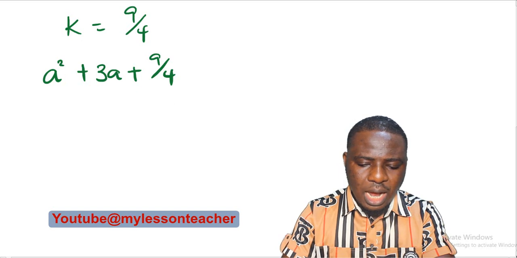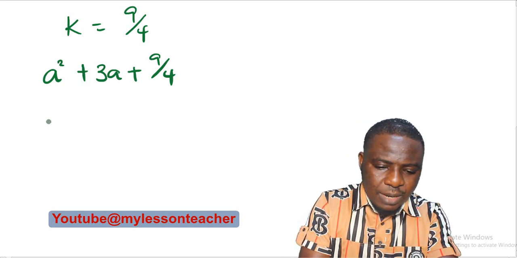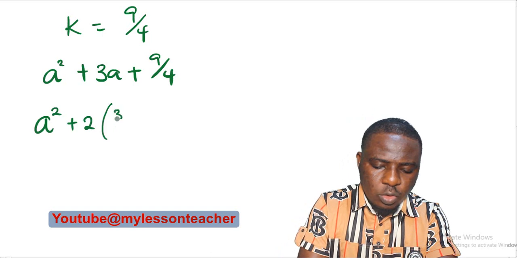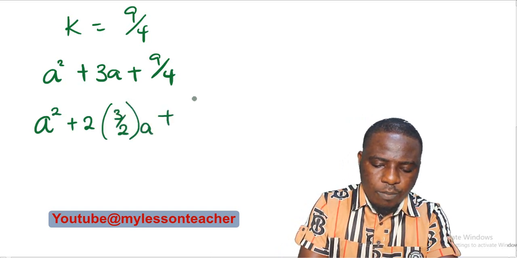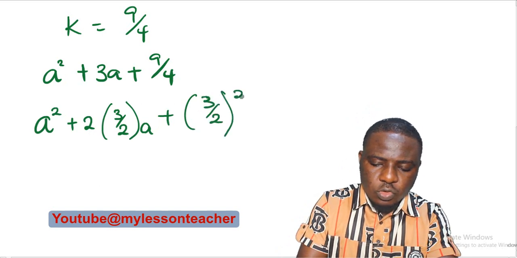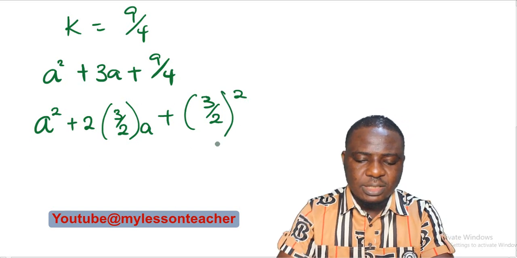So how do we factorize this? This can be written as a squared plus 2 into 3 over 2 a plus 3 over 2 squared. How did I get this?